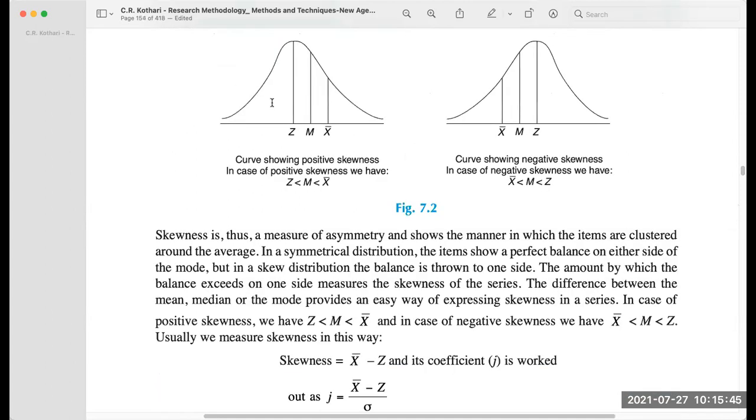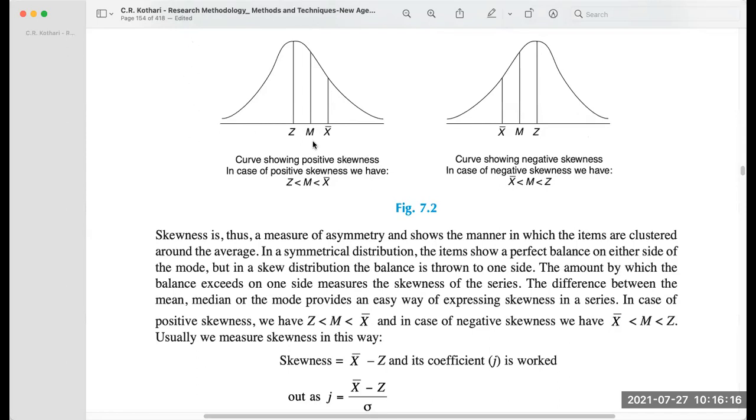If the curve is showing positive skewness, it means the maximum frequency value is coming here. Skewed to the left side is the positive skewness, skewed to the right side is the negative skewness. And the relationship will be like this: mode should be less than median. You know, let's say this is the x-axis and this is the y-axis.